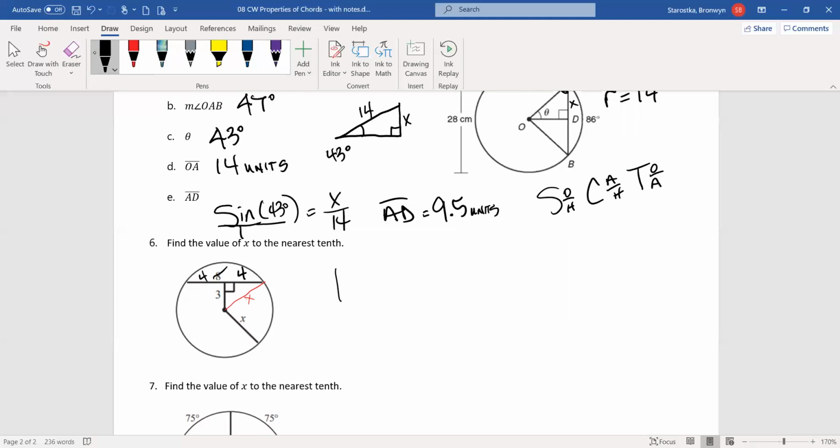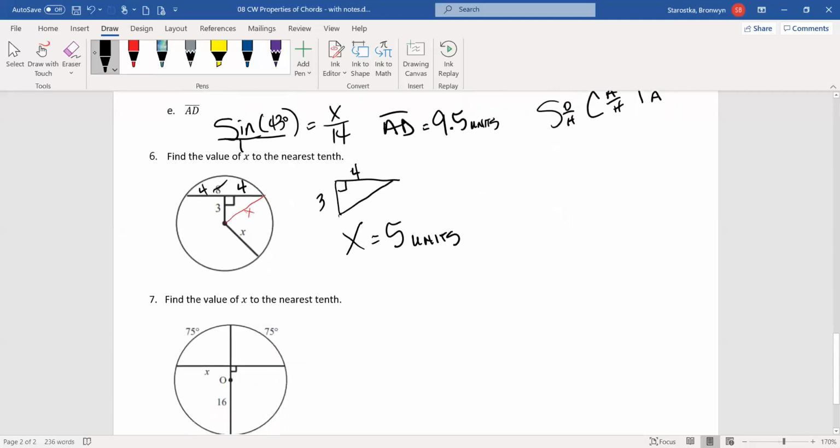And then once again, these problems aren't that tricky. 3, 4, x equals 5. You're always looking for the 3, 4, 5, 6, 8, 10, and 5, 12, 13 right triangles, because those are like your Pythagorean triples.